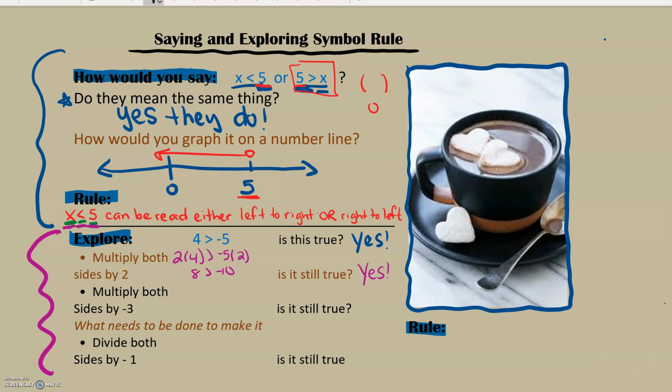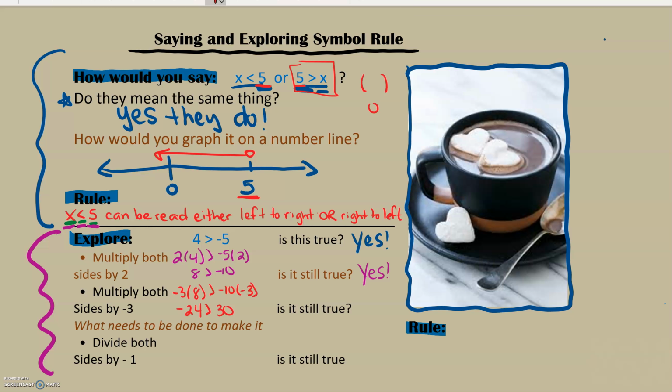So now it asks us to multiply both sides by negative 3. Let's see what happens. Okay, well, negative 3 times 8 is negative 24. And a negative 10 times negative 3, that negative times negative is a positive. So negative 10 times negative 3 is positive 30.